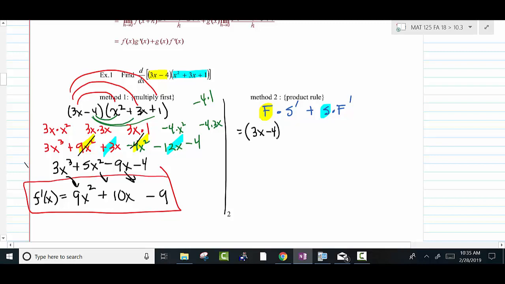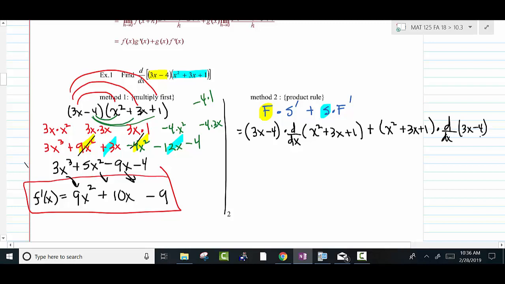So you would write down 3x minus 4, and then times the derivative. I like to use d/dx as my symbolism for the derivative, and the derivative of the second is x squared plus 3x plus 1, like that, and then do it backwards. Now you write down the second, but you don't change it, and then you multiply by the derivative of the first.